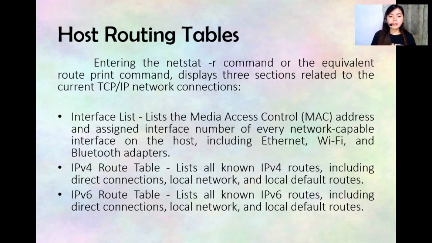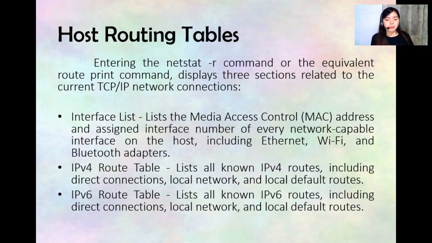Host routing tables. Entering the netstat -r command or the equivalent route print command displays the three sections related to the current TCP/IP network connections. Interface list. Lists the media access control, the MAC address, and assigned interface number of every network capable interface on the host, including Ethernet, Wi-Fi, and Bluetooth adapters.